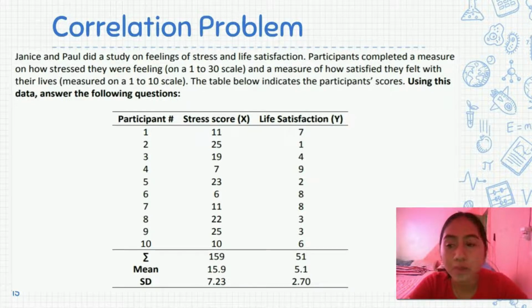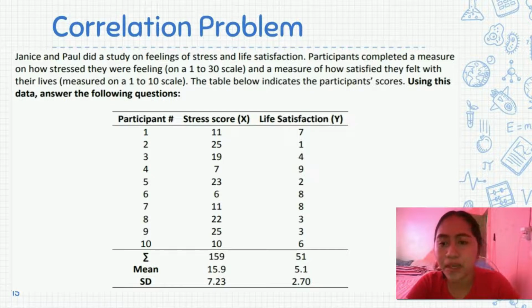Participants completed a measure of how stressed they were feeling on a scale of 1 to 30, and a measure of how satisfied they felt with their lives on a scale of 1 to 10. The table below indicates the participants' scores. Using this data, answer the following questions.